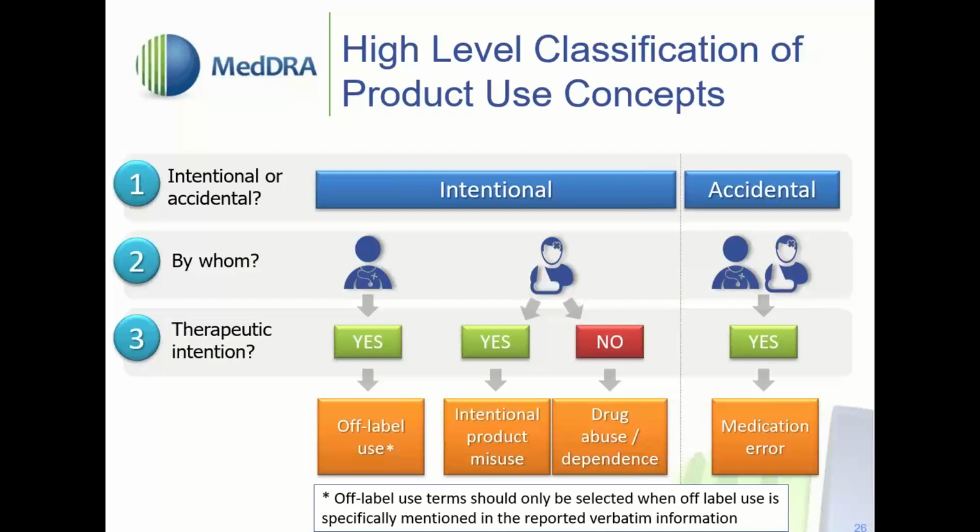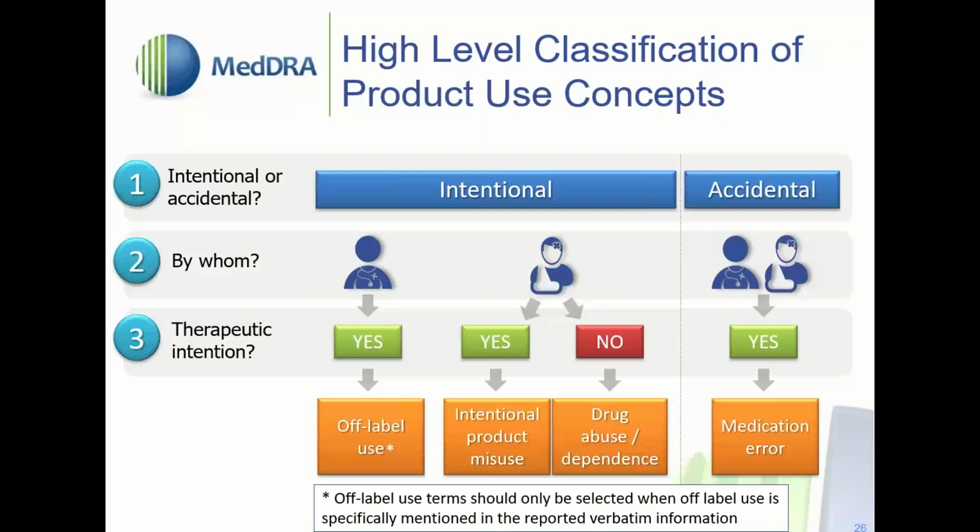These three criteria are required for the high-level classification of an off-label use. But remember, additional information is needed to finally code to an LLT of off-label use, as it should be only selected when, as I mentioned just a minute ago on the other slide, it is specifically mentioned in the reported verbatim. And I will keep driving that point today. So it has to be specifically mentioned in order to code.